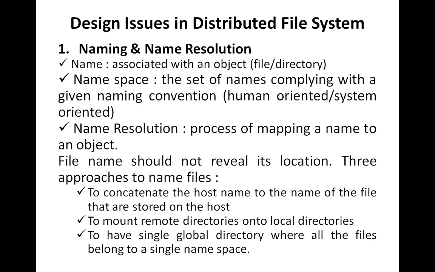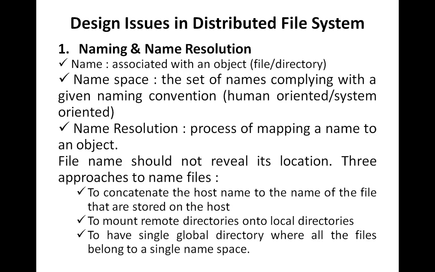This approach gives the guarantee that the file name is unique system-wide. But a conflict happens whenever we talk about network transparency, because whenever the host name is added along with the name of the file, it declares where the file is located. So network transparency will not be achieved.